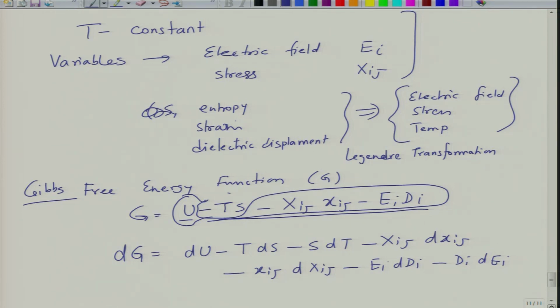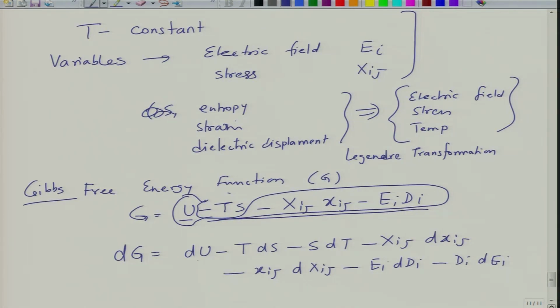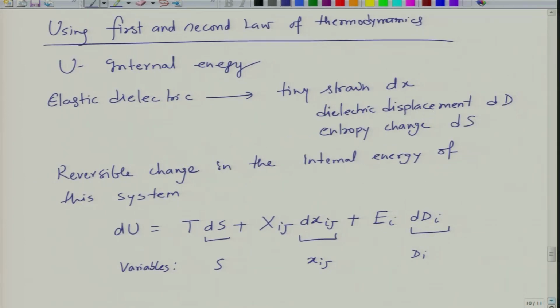Now, we know what dU is. When you subtract dU here, you get rid of T dS, you get rid of the term dx_ij, and you get rid of the term dD_i.